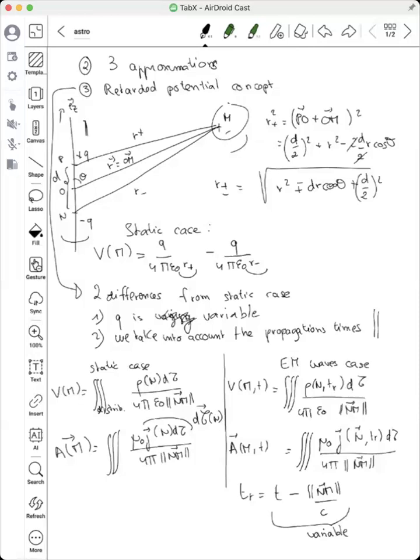What did I assume here by using c? I assume that whatever is traveling, the information, the light, the wave, is traveling at a velocity c, okay?